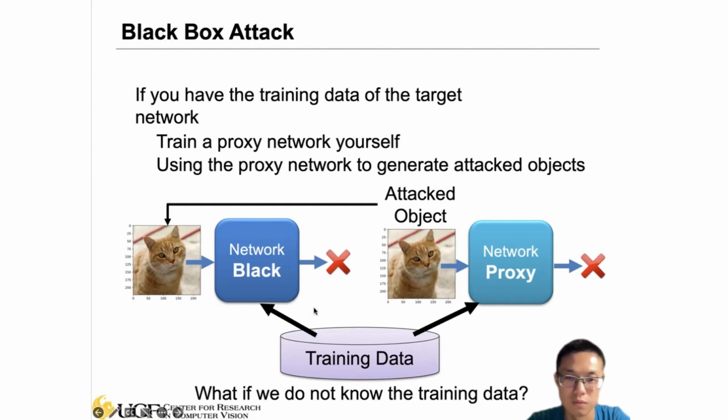Then you get 100 or 1,000 pairs of training data. Then you use this data to train a proxy network so that you can generate the attack images. Then you can use that to attack this black box network. So that's one way you can do it if you don't have access to the training data, and you don't have access to the network either.